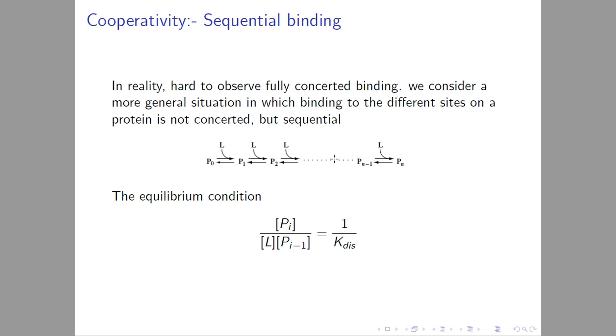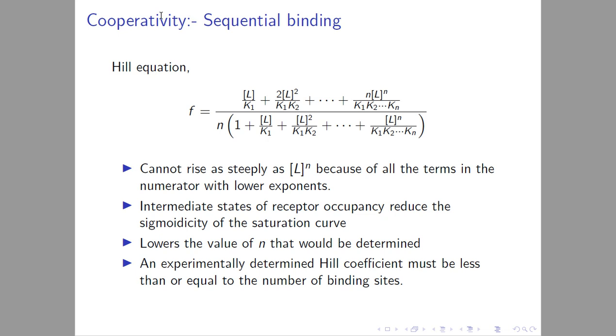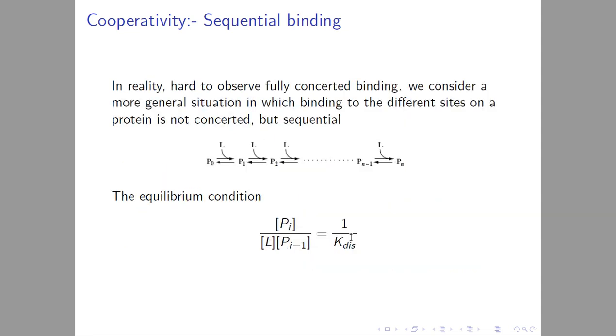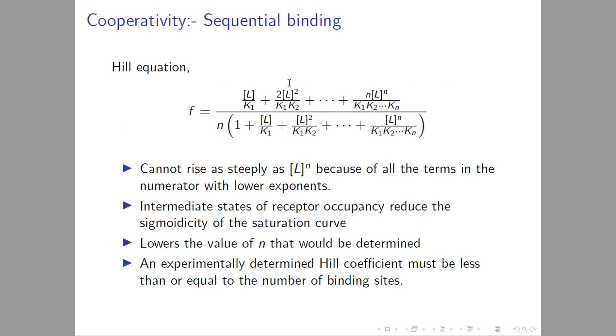Okay, so solving this equation or finding the equilibrium, we can write the equilibrium condition as this equation. So for the Hill equation, solving for f, the fraction, again and again, we can get this Hill equation.